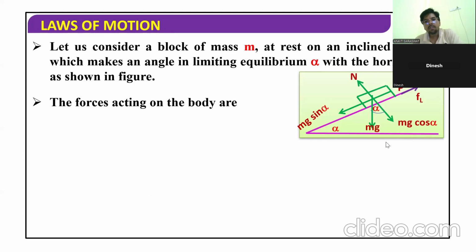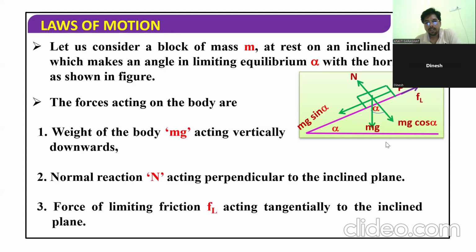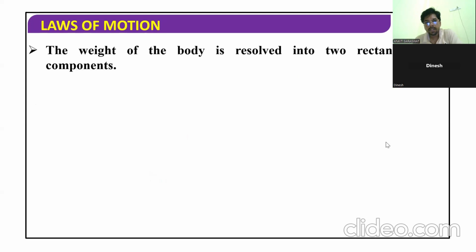Let us consider a block of mass m at rest on an inclined plane, which makes an angle alpha with the horizontal in limiting equilibrium. Limiting equilibrium means FL balances mg sin alpha. Here it is not moving.